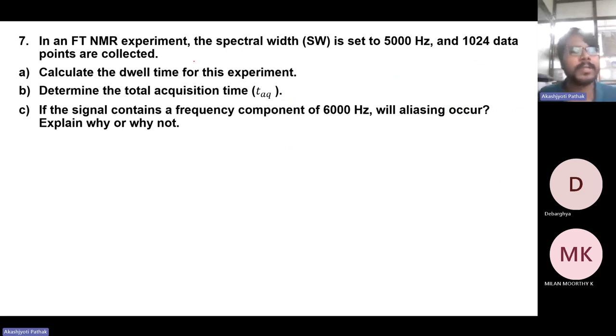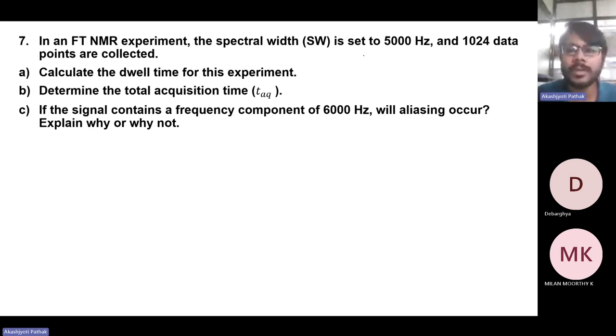Okay, so based on this concept, try to solve this question. If you solve this question, you will understand the concept better. In an FT-NMR experiment, the spectral width is set to 5000 hertz, and 1024 data points are collected. Calculate the dwell time for this experiment.